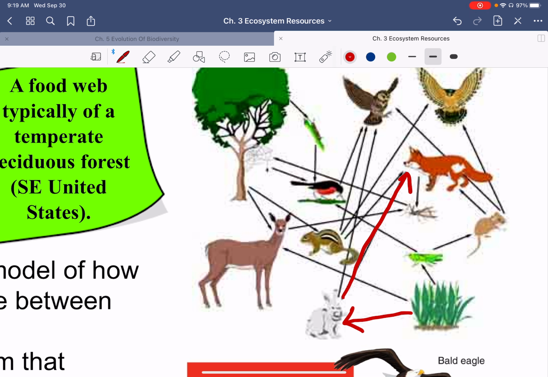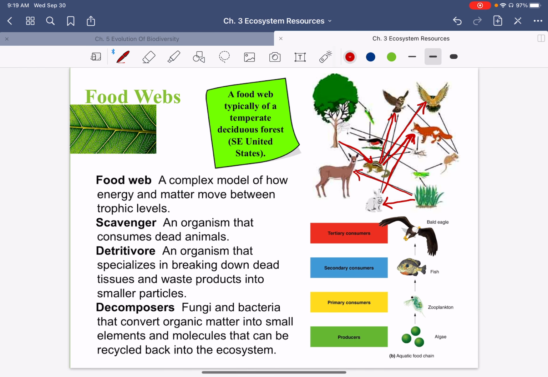Grasses are eaten by deer. Chipmunks eat nuts from trees and stuff, but foxes eat chipmunks. Hawks eat chipmunks. Owls eat chipmunks, so on and so forth. So the important thing to note here is that the arrow points in the direction of energy flow.